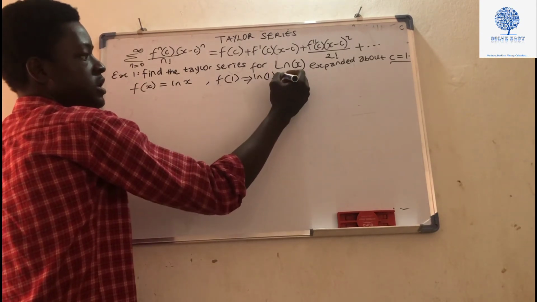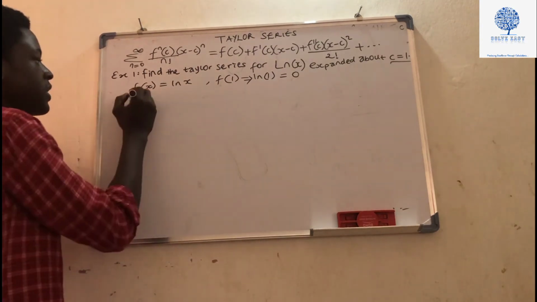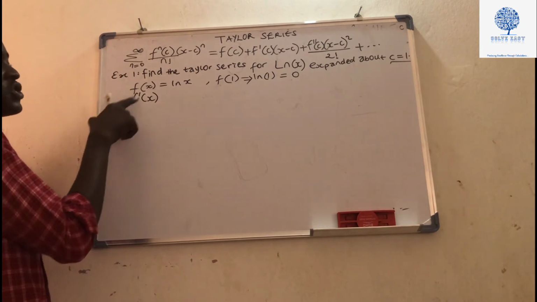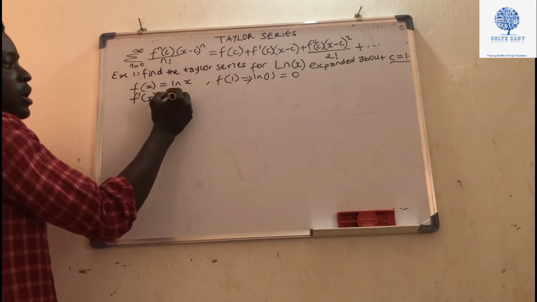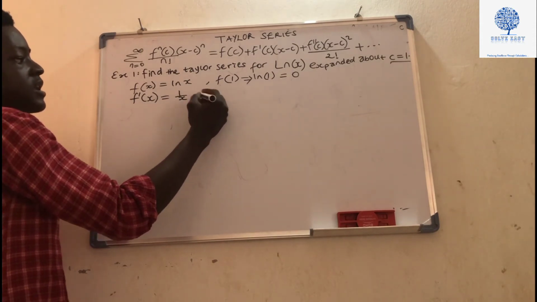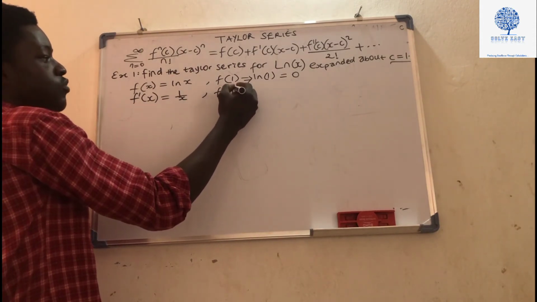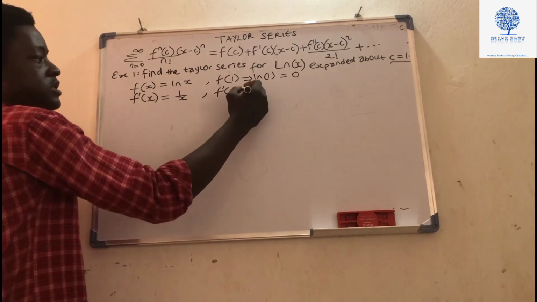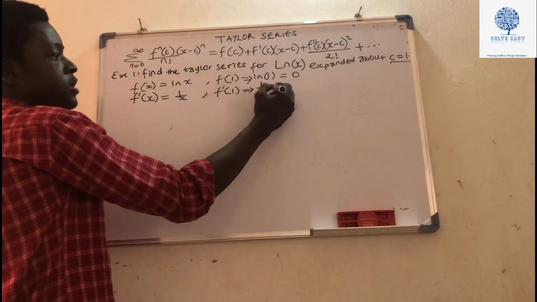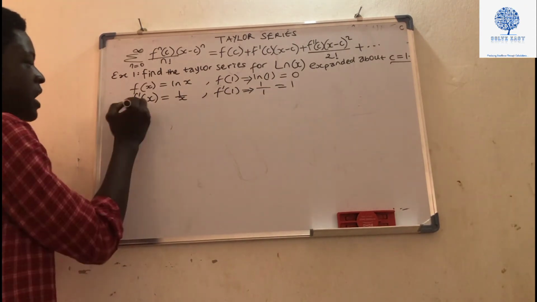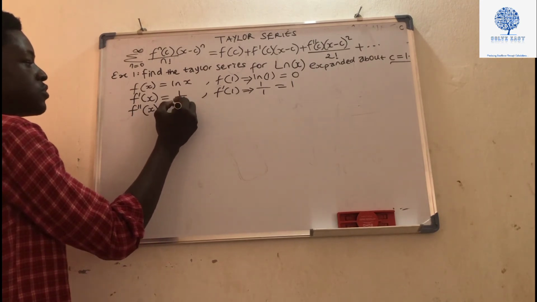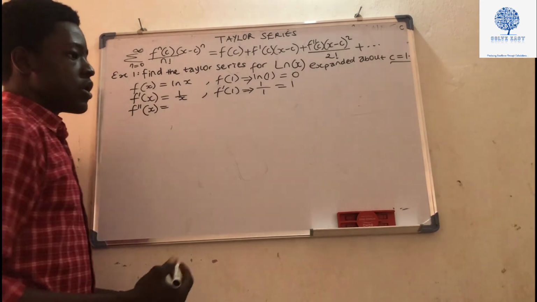And ln 1 gives us 0. f prime of x means we have to differentiate the initial function. And differentiating ln x gives us 1 divided by x. Now, at c equals 1, f prime of 1 implies 1 divided by our x, which is 1, equals 1.